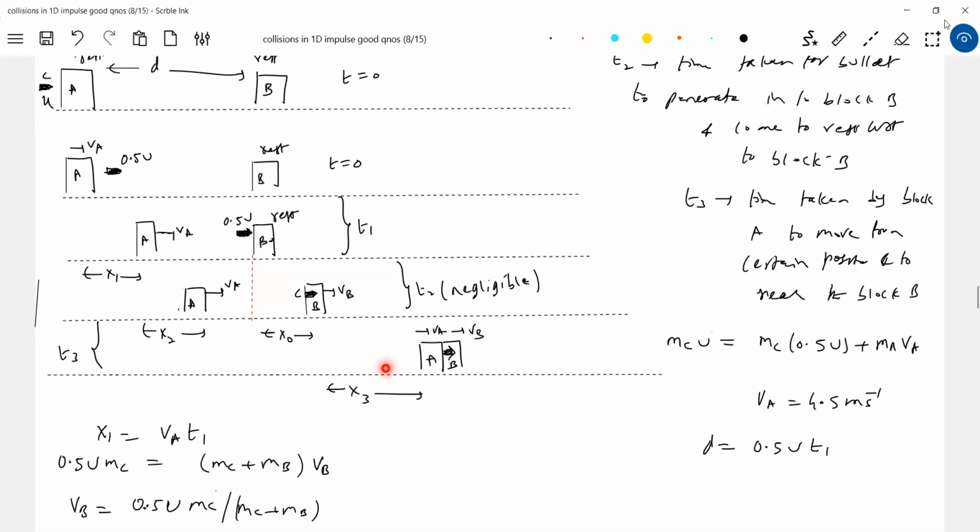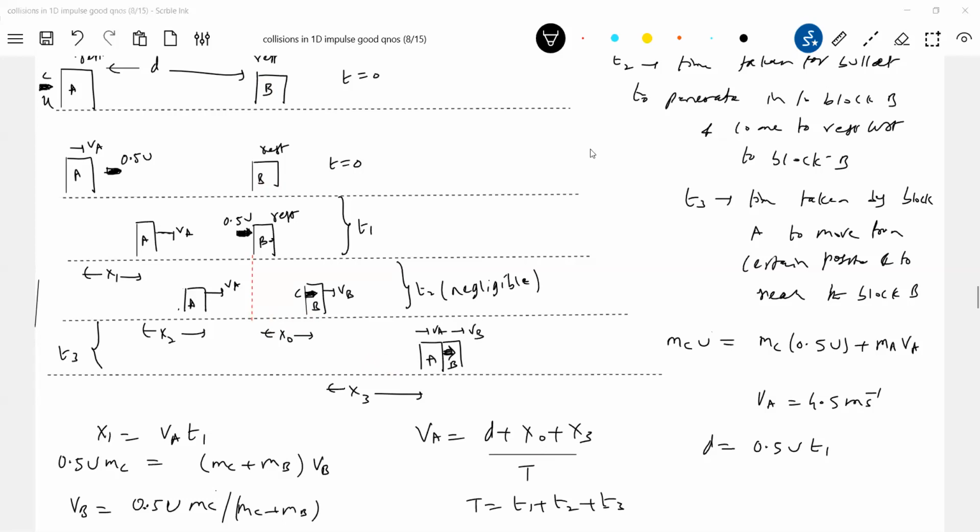So let's directly write d plus x naught plus x3 over the total time taken. And what is the total time? T1 plus T2 plus T3. T1 we know, we got it. Then x0 we don't know. x3 we don't know. T2 and T3 we don't know. We have to work out how all those things can be obtained. This is the problem solving.